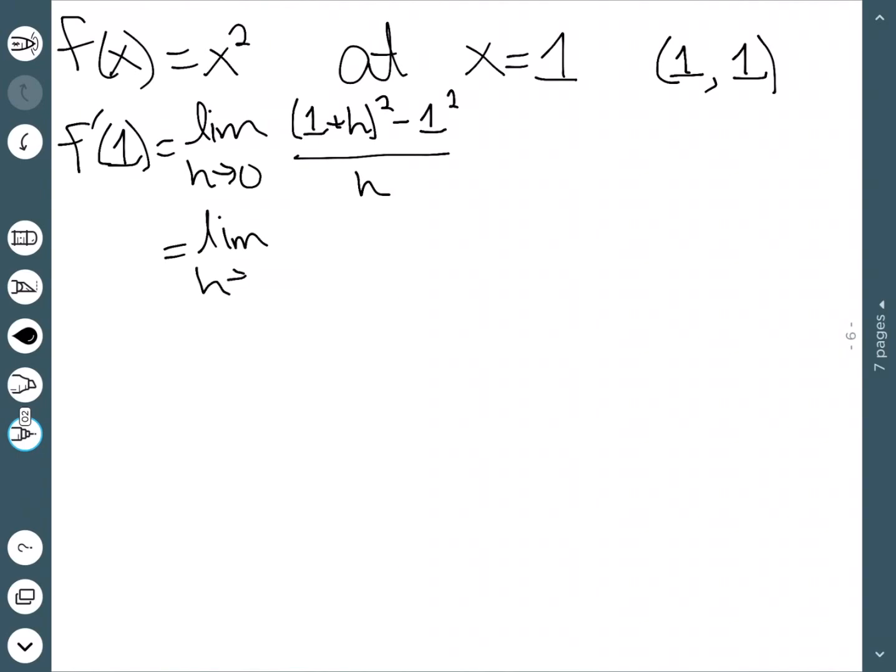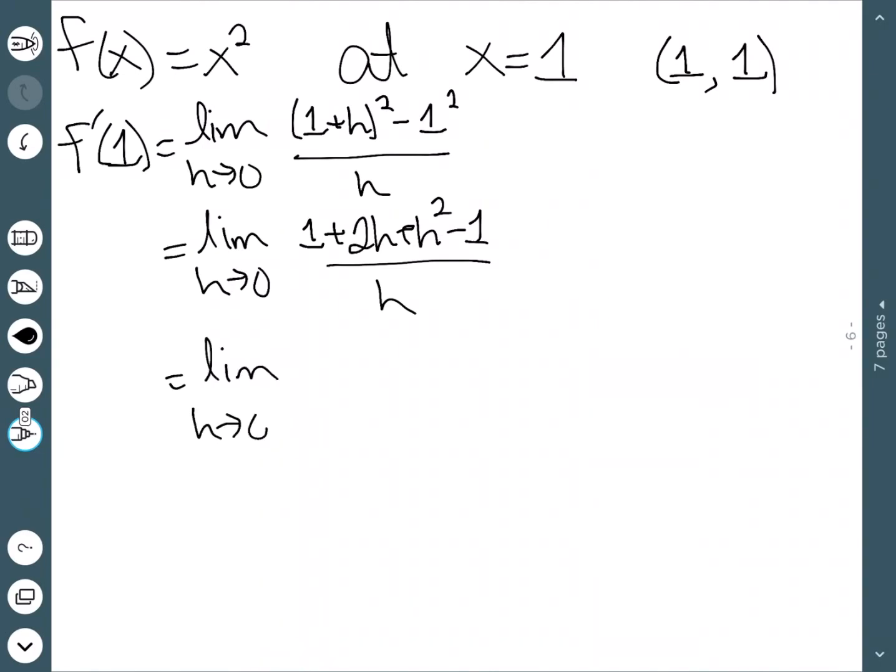So as the limit as h approaches 0, once we multiply this out, I have 1 plus 2h plus h squared minus 1 over h. Simplifying, I'm going to cancel this 1 and negative 1 and go ahead and factor out an h from the top. I'm left with 2 plus h over h.